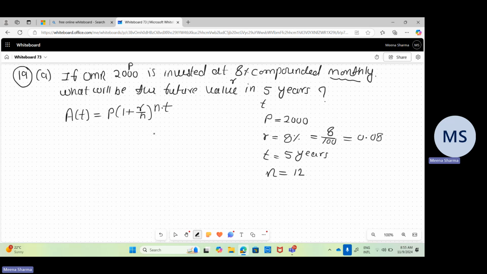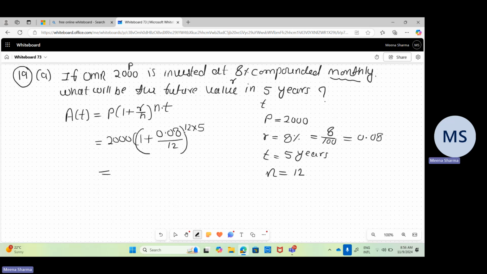Now all these values we will put here and then we will find the compounded amount, which is 2000 multiply with (1 plus 0.08 upon 12), and the whole power 12 multiply with 5. You have to calculate properly.